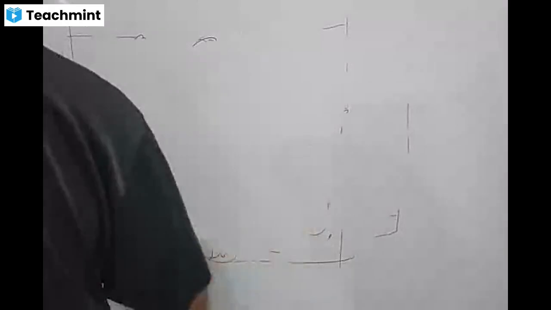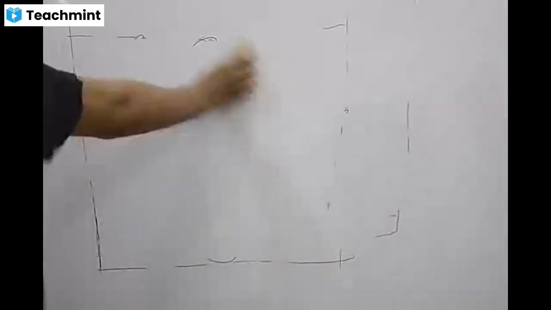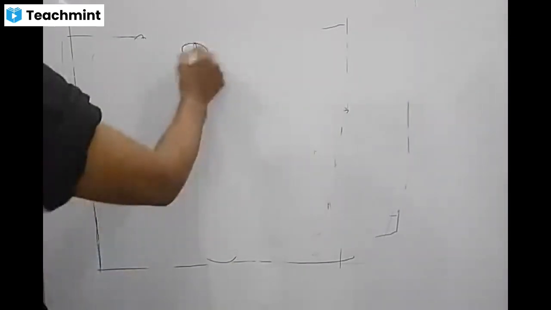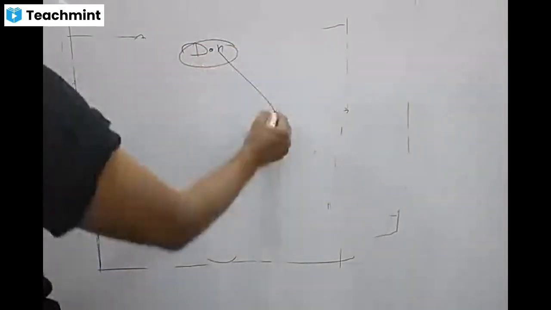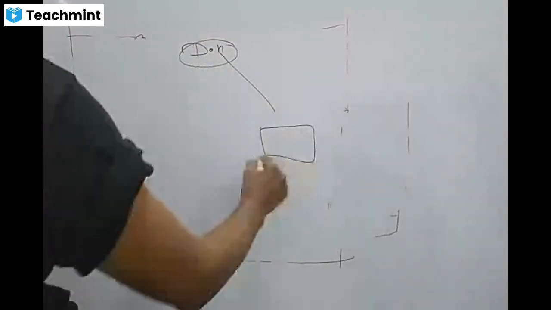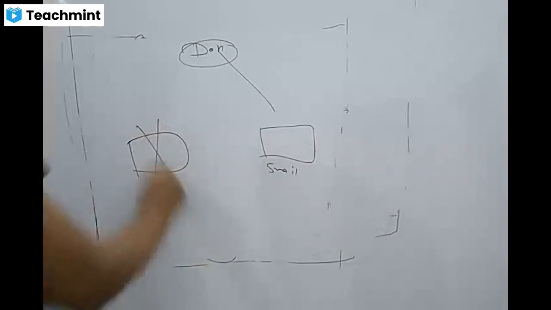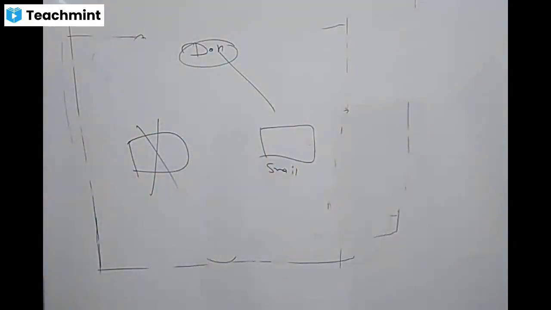Then the life cycle of Schistosoma. Again, we have the definitive host. The first intermediate host is always snail, but the second is absent. It means in the life cycle of Schistosoma, we have only one intermediate host, that is snail.